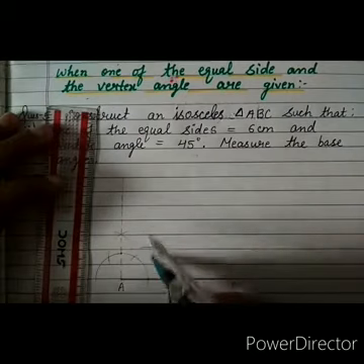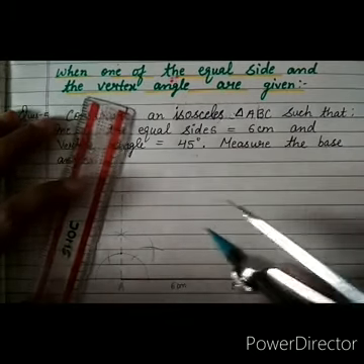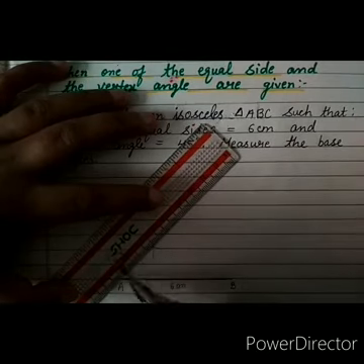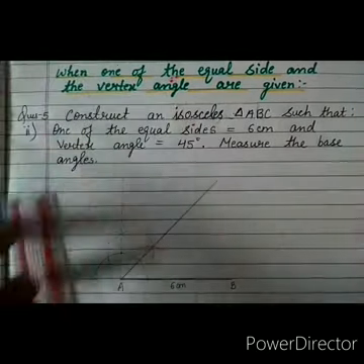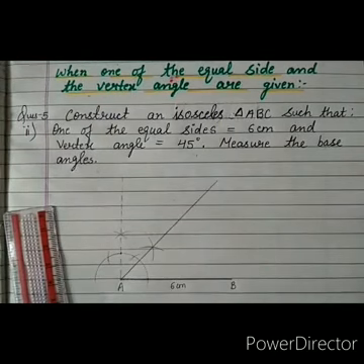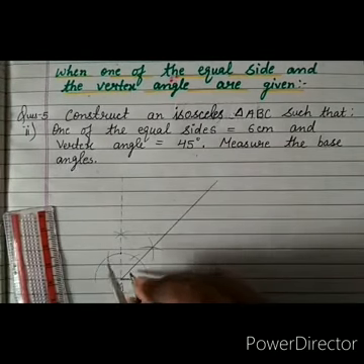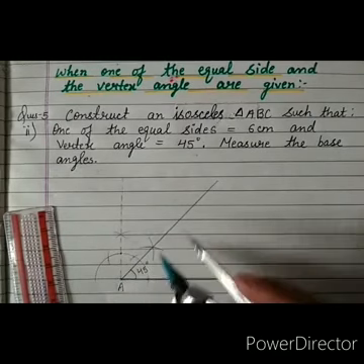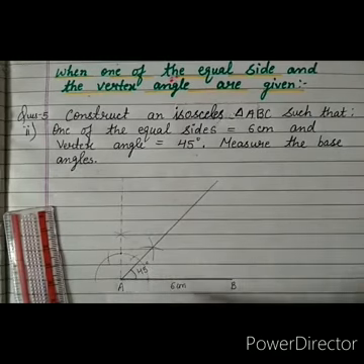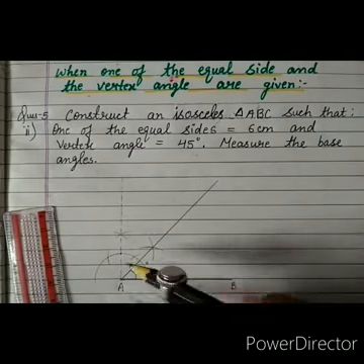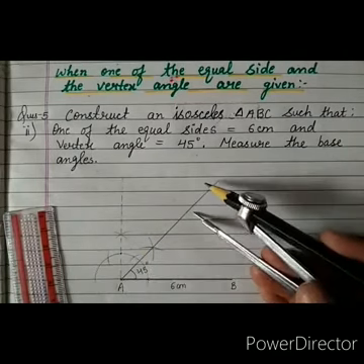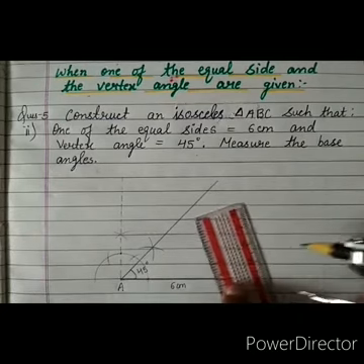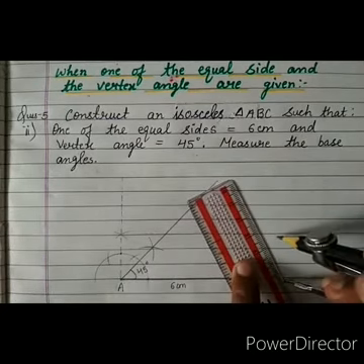Now the intersection of these two arcs, when we join it with A, will be our 45 degree angle. Now we know that this is the vertex angle which is 45 degree. The vertex angle is the angle between two equal sides. So when this is 6 cm, then this side must be 6 cm. So we have to measure 6 cm with the help of ruler and compass.